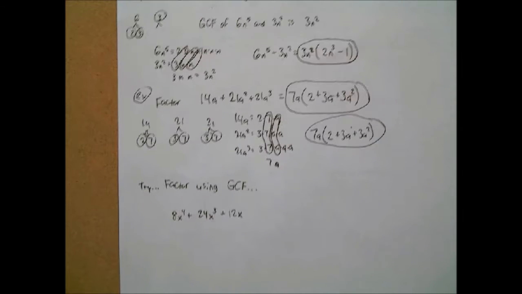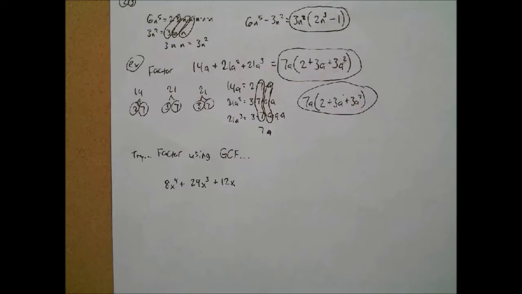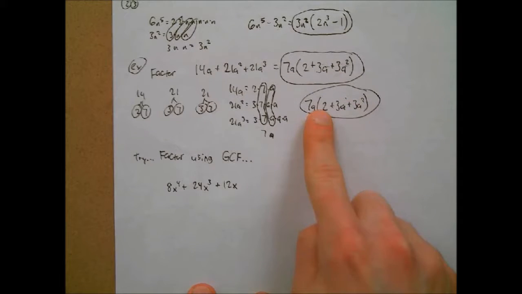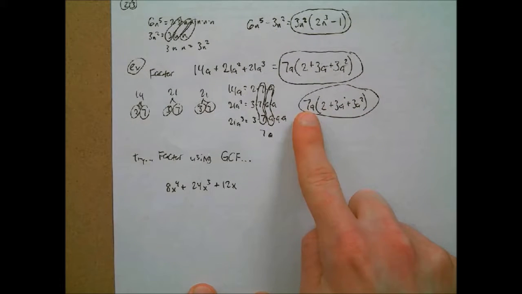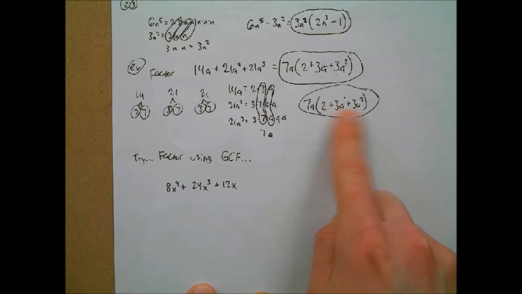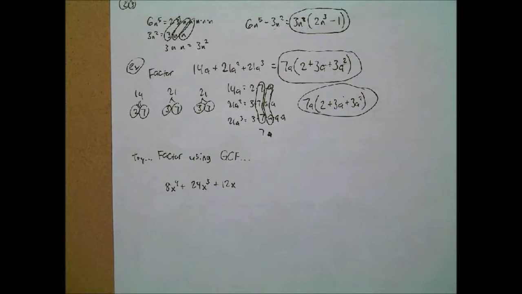Okay, I'll leave one of them up there so you can see it. Okay, so factor it using the GCF. So your final answer should look something like this, where you have the GCF factored out in front, and then what's left over inside the parentheses there. Okay? Say again? It's plus 12x.